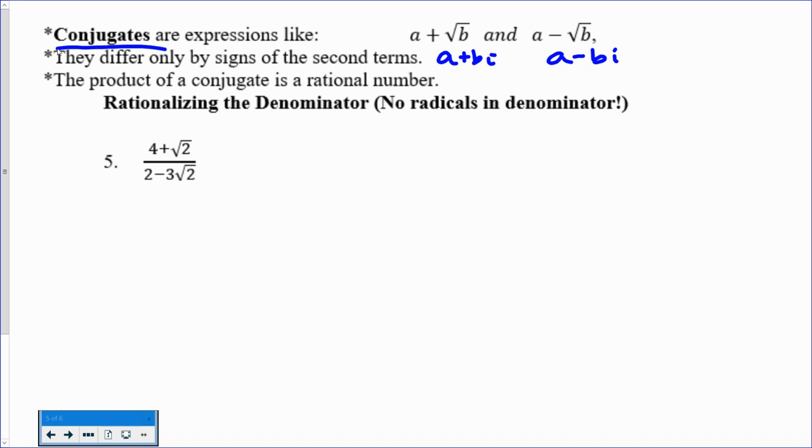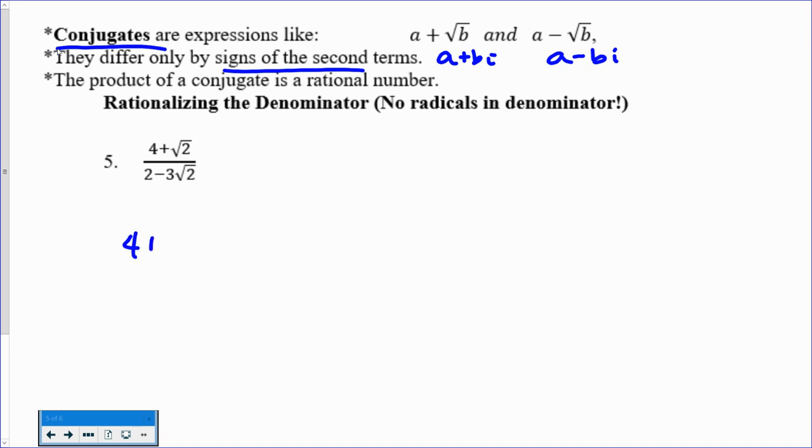Now we have these radical conjugates, where you notice they have the same exact numbers, but the signs in between are opposite. So they differ only by the signs of the second terms. The product of the conjugate is a rational number, so we're going to get rid of that square root. When we rationalize this denominator, I'm going to have to use the conjugate.